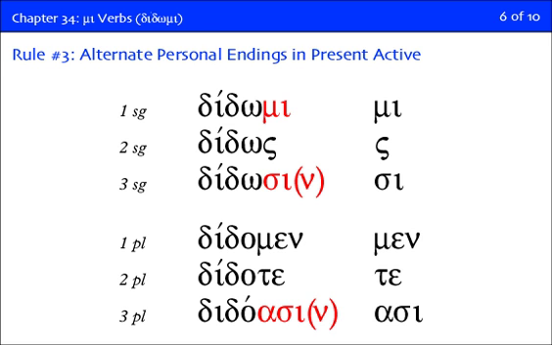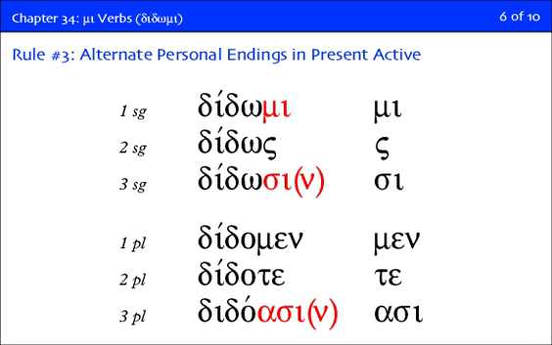Here's the only other additional thing that you will need to memorize. Rule 3 is that mi verbs use some alternate personal endings in the present active. Outside of the present active system, it's all blissfully regular. And you can see in red the 3 new endings. Now, they're not that hard to learn, because in the first person singular, you'll memorize the lexical form as didomi.